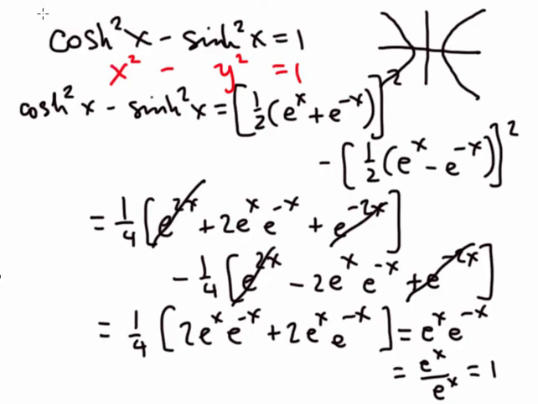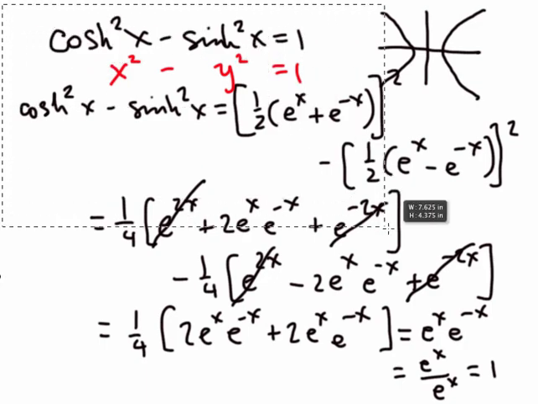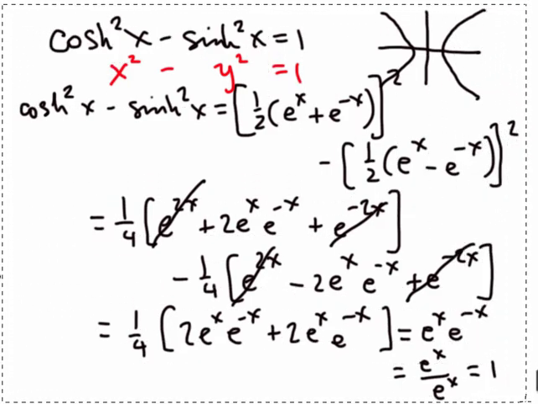Now, based on these 3 lectures, what are the things that I really want you to remember? Here's kind of the takeaway. So first of all, you need to make sure you know these definitions of sinh and cosh. So you should be able to write these down by now.